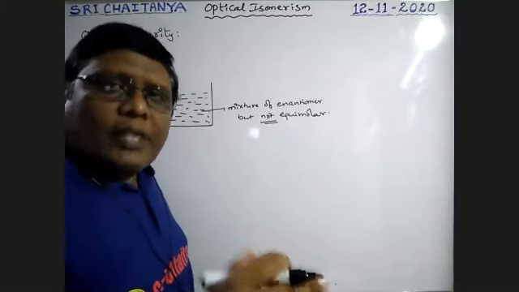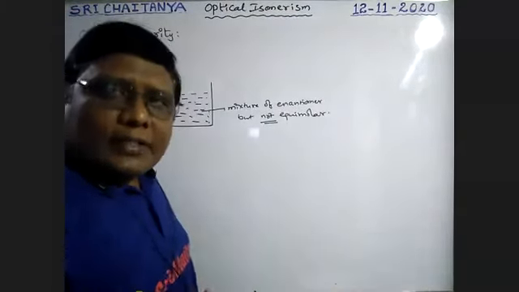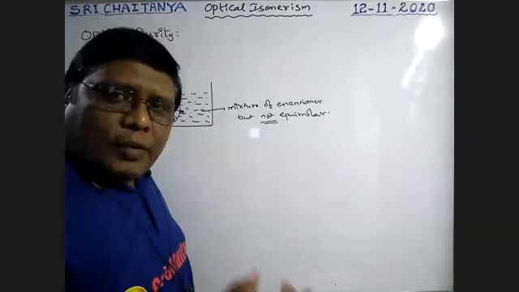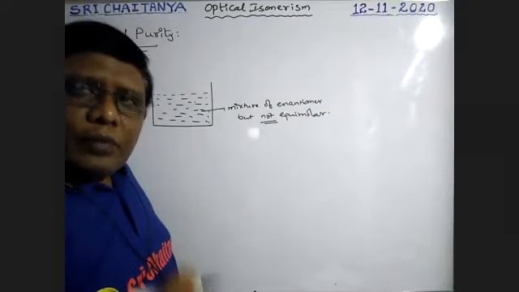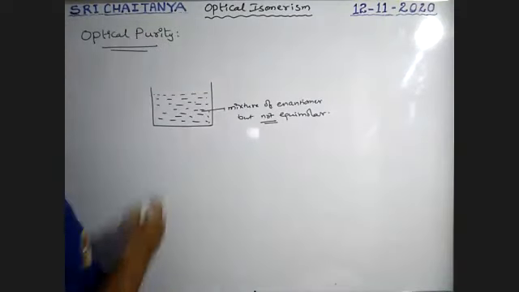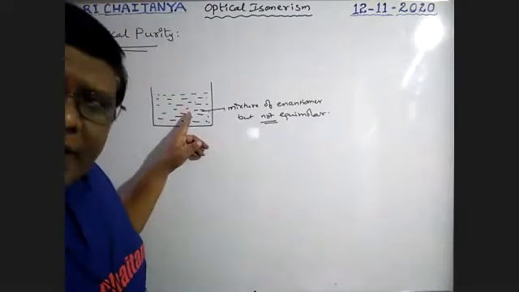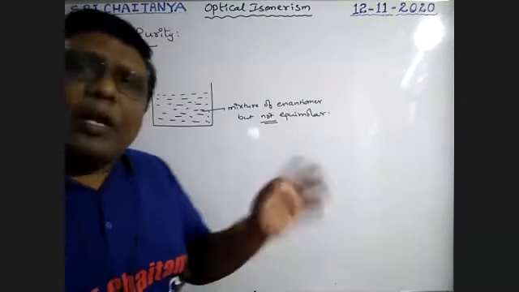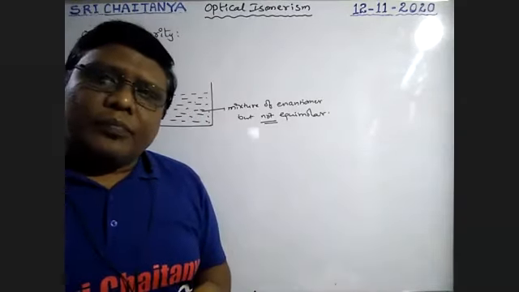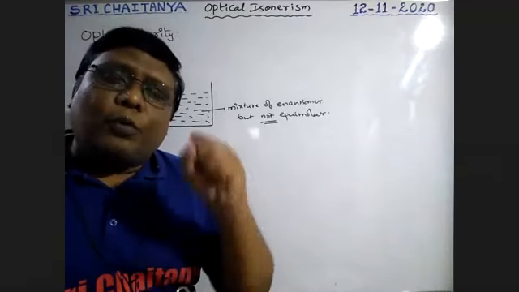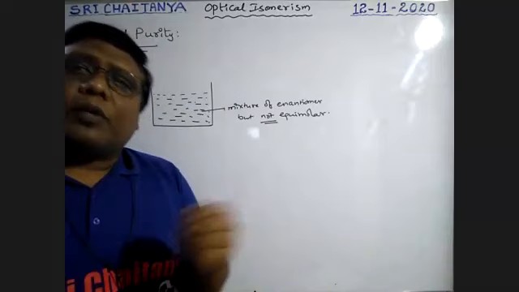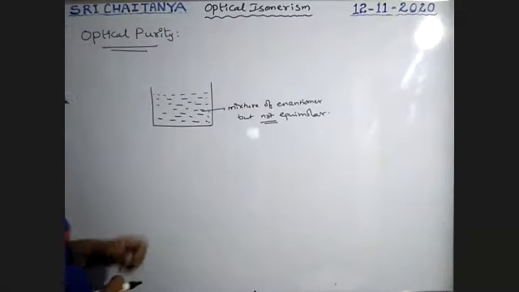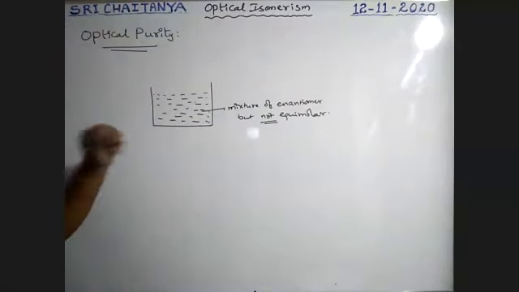One enantiomer is in excess of the other. For example, only one enantiomer is there, either the S form or the R form only. That is an optically pure enantiomer, boys. So that is called an enantiomerically pure compound, boys. Okay. So it is very, very important.